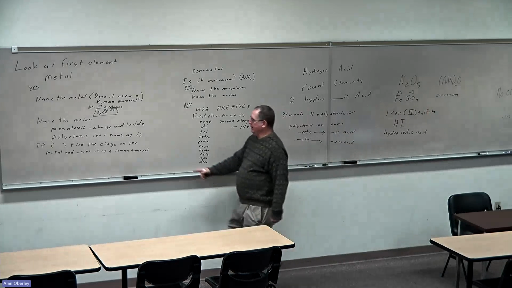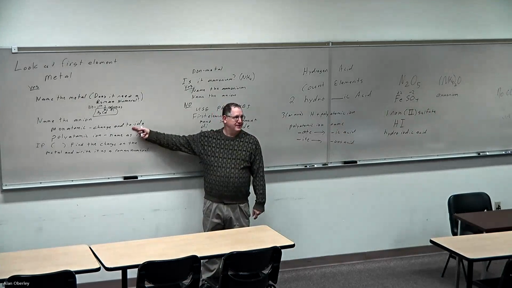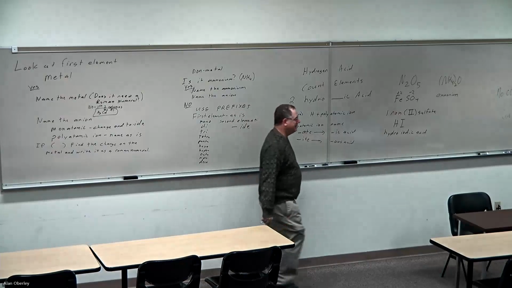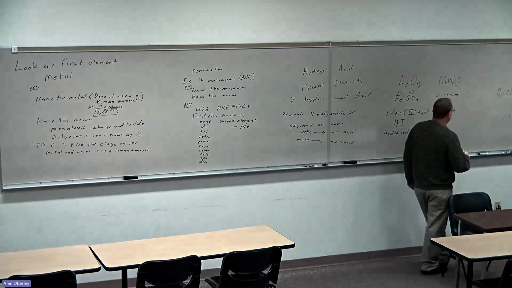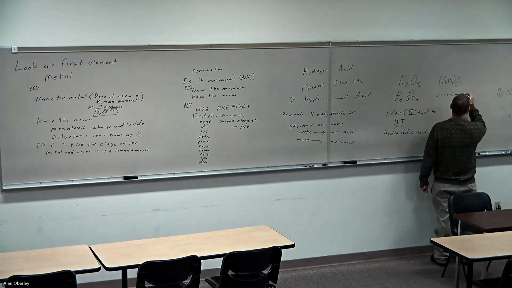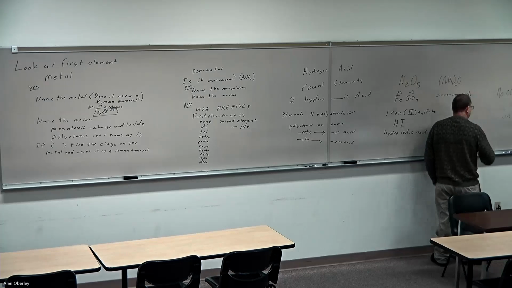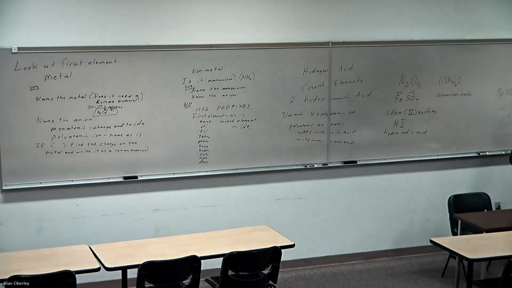There's only one element, so I change the end of oxygen to ide. What's the parentheses and two outside? Because I need two ammoniums. That's why I put the ammonium in parentheses, because a lot of times you'll see it in parentheses, not always.